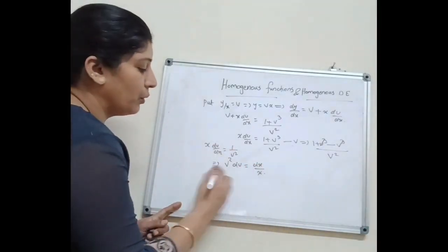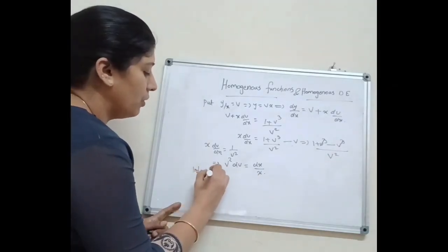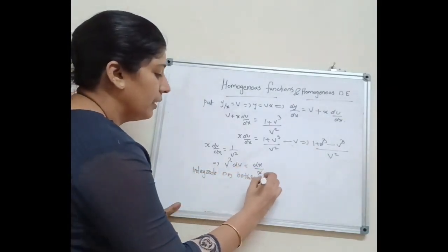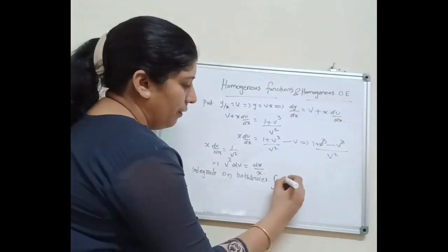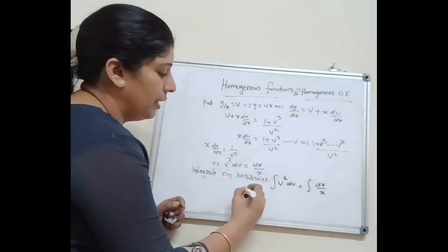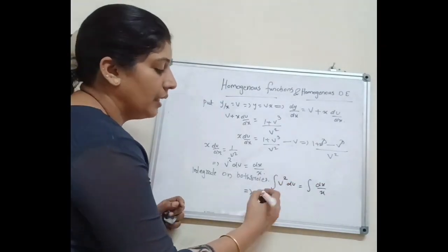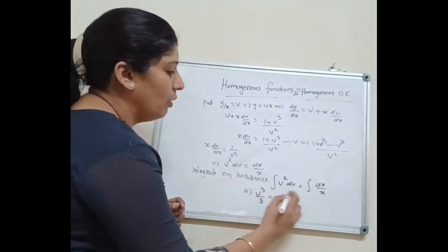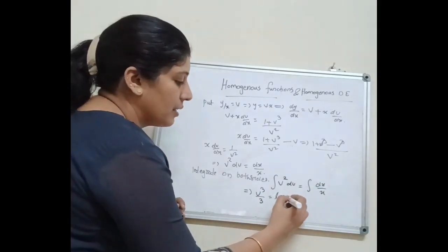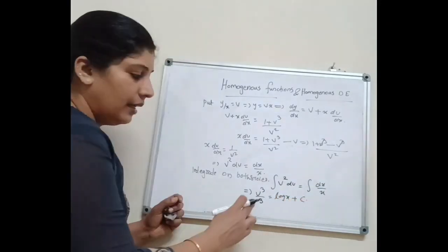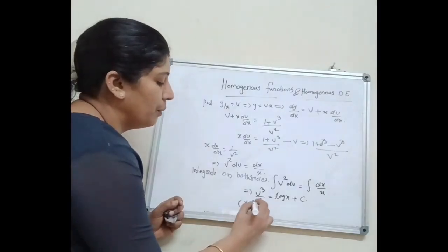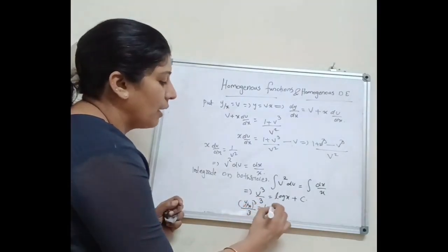Next, integrate on both sides. We will get integral v square dv equal to integral dx by x. That implies integral v square dv, that is v cube by 3, equal to integral 1 by x dx, that is log x plus c. Next, we have to replace v by y by x, that is (y by x) whole cube by 3 equal to log x plus c.